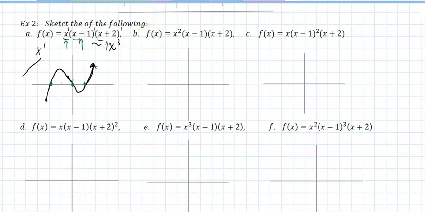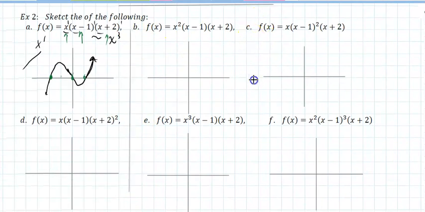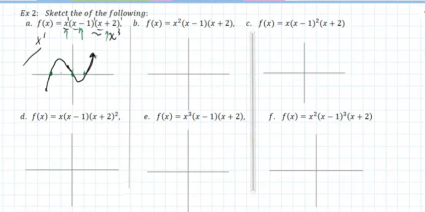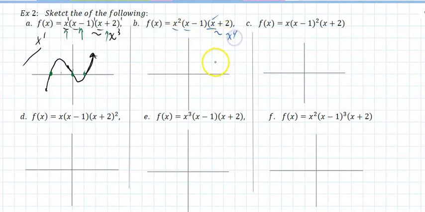Now if I look at the second graph, this behaves, if I multiply those out, x squared times x is x cubed, times x, that's x to the fourth. So I know the end behavior looks like this because the power is even and the leading coefficient is positive.